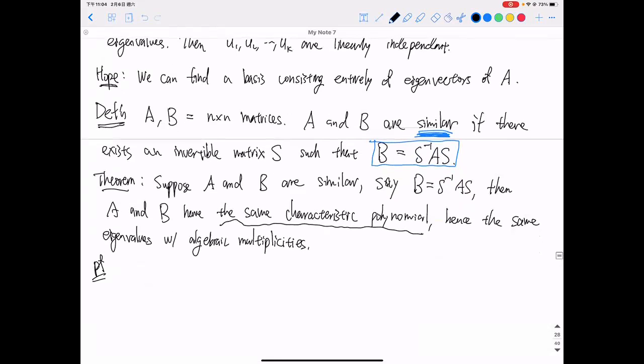So the real thing to prove is that they have the same characteristic polynomial. Let's prove that. By definition, the characteristic polynomial for B is the determinant of B minus tI. And we know what B is: B is S inverse A S, so we have determinant of S inverse A S minus tI.